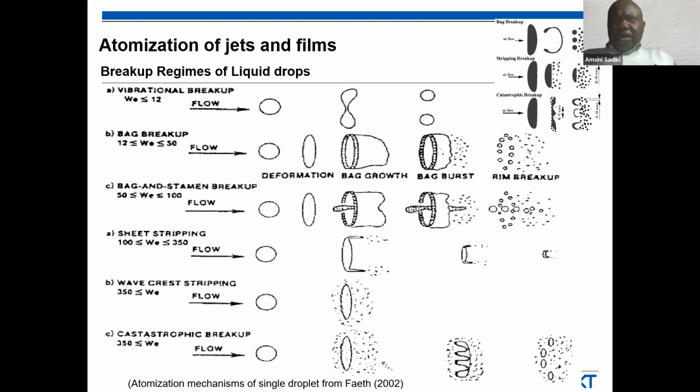And Kamal, what is the meaning of first? Another question: the relation between Ohnesorge number is limited to 6 to 10, or can we go till 0? If yes, then why are we using the second formula?